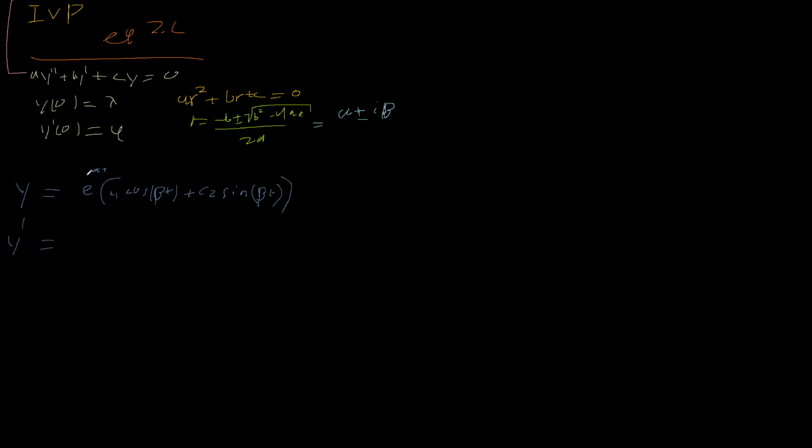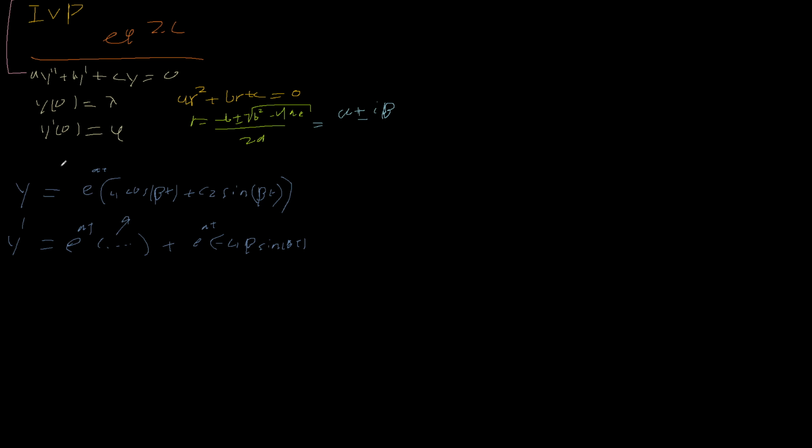So we have e to the alpha t, the same stuff here, plus e to the alpha t, and then minus c1 beta sine beta t, right? And so this kind of gets a bit annoying to do, but there are some shortcuts that I'm going to show you here for solving this.